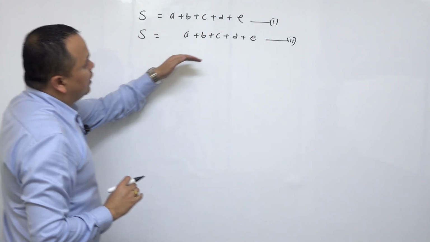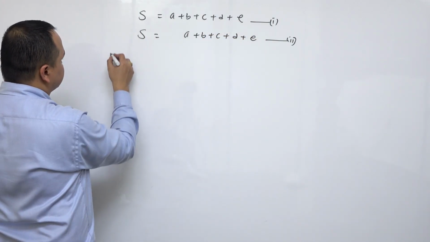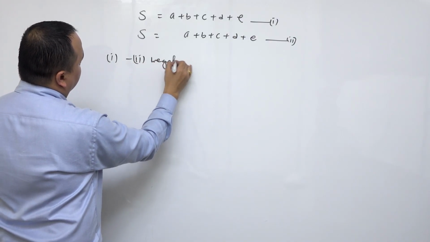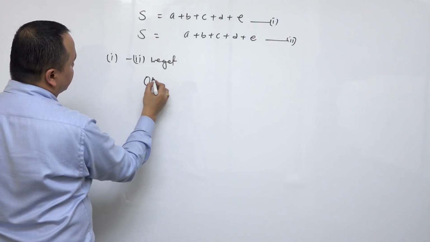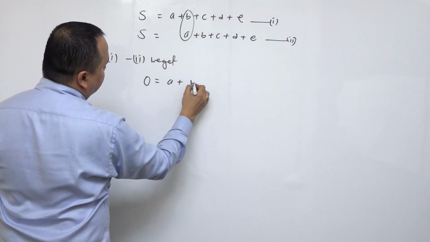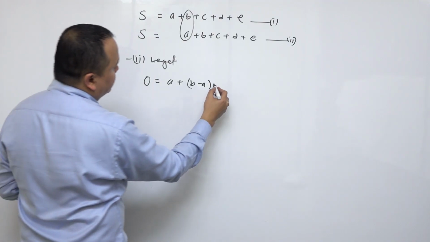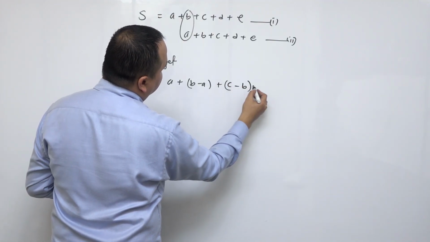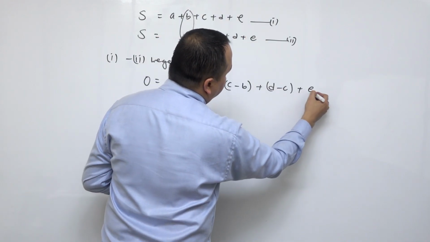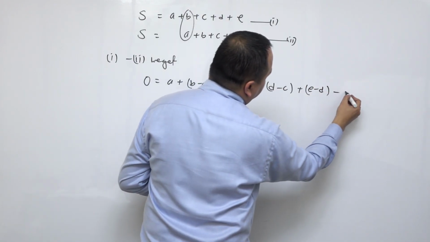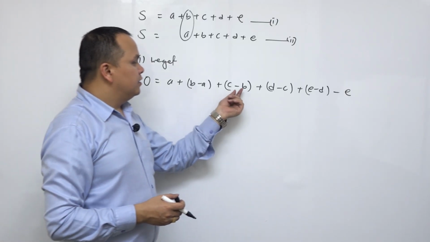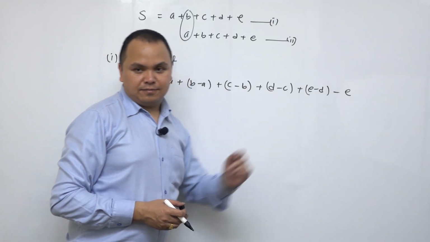Now, I minus II. We get S minus S, 0, A, then B minus A, C minus B, similarly, D minus C, E minus D, minus E. Now we have 6 terms, 1, 2, 3, 4, 5, 6.